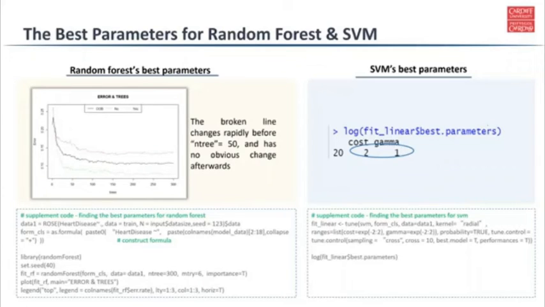For example, in random forest, just keep the number of trees at 100 because values larger than 50 have similar performance on results. For SVM, the best parameters for cost and kernel are 2 and 1 respectively.